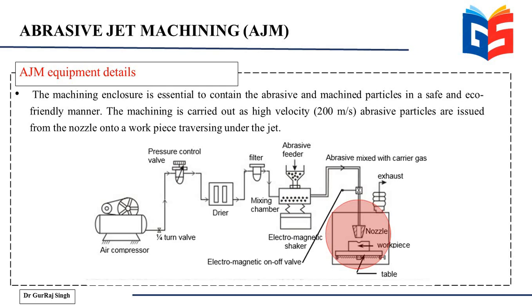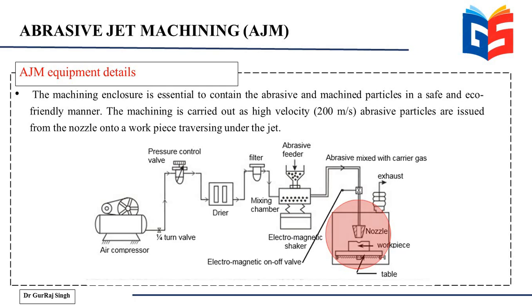Then you have a nozzle, and this nozzle is basically used for concentrating the mixture of gas and abrasives onto the single point where you want the machining to be done, and it can be carried out at a velocity as high as 200 meters per second, where these small abrasives collide with the brittle workpiece, they result in small brittle fractures, and eventually lead to the microchipping of the small metal particles of the workpiece and perform the machining operation.